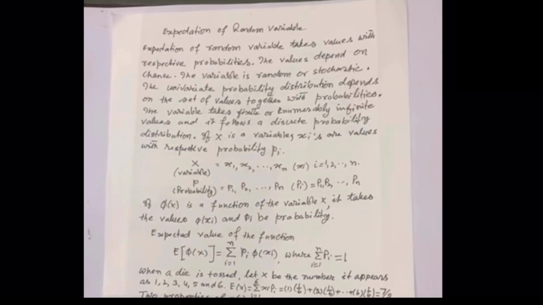So this will be equal to 1 into 1 by 6 plus 2 into 1 by 6 and so on, plus 6 into 1 by 6. When you simplify, it will be equal to 7 by 2.